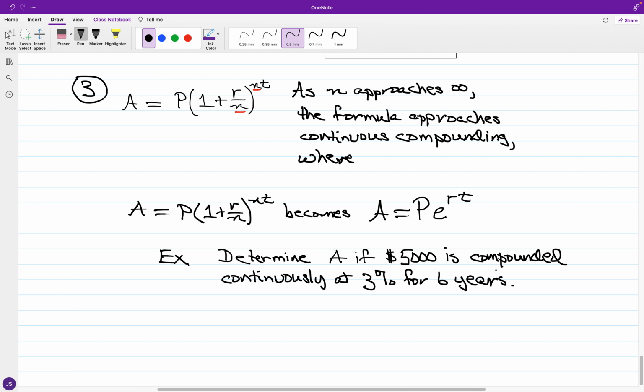Okay, so if you're looking at continuous compounding, if it already says continuous compounding, okay, we use this formula.